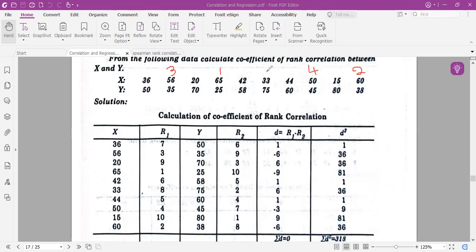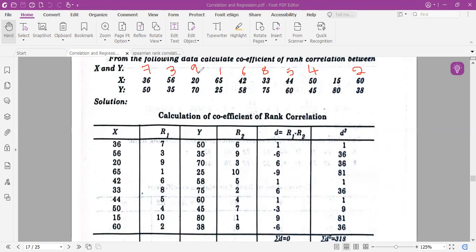The fifth rank goes to 44. The sixth rank goes to 42. The seventh rank goes to 36. The eighth rank goes to 33. Then the ninth rank goes to 20. So like this, you have to put the ranks.